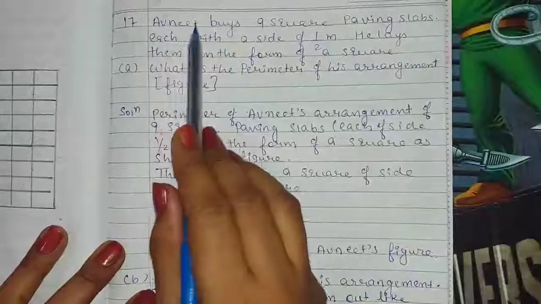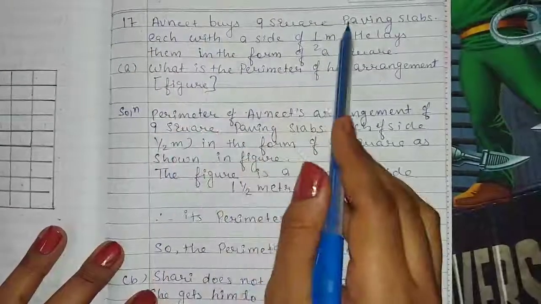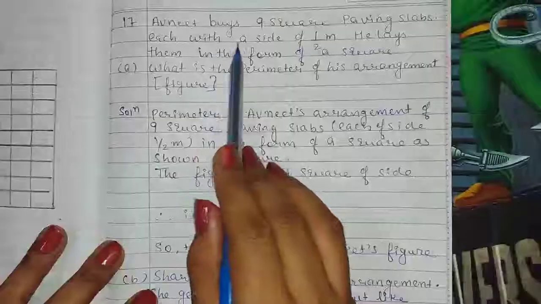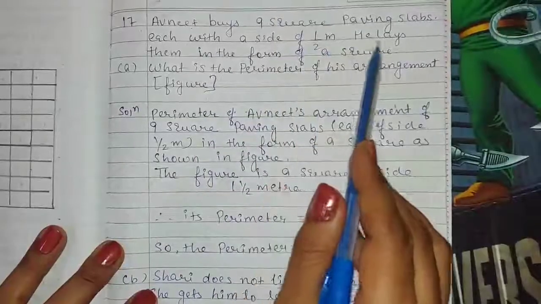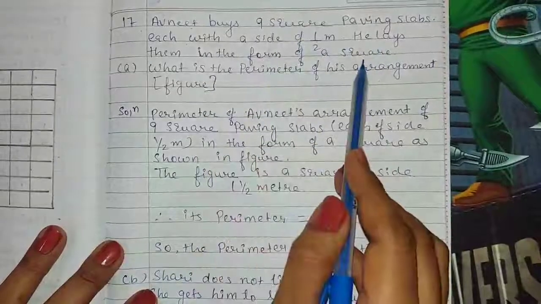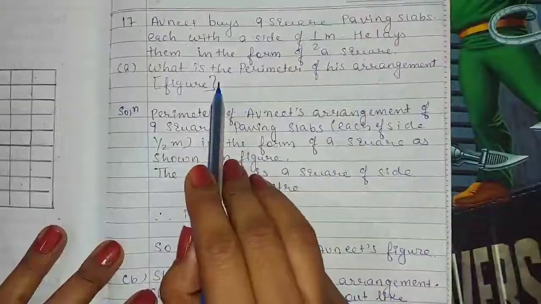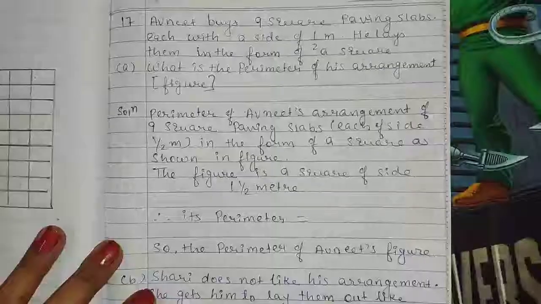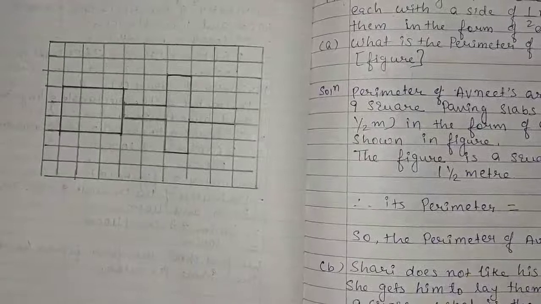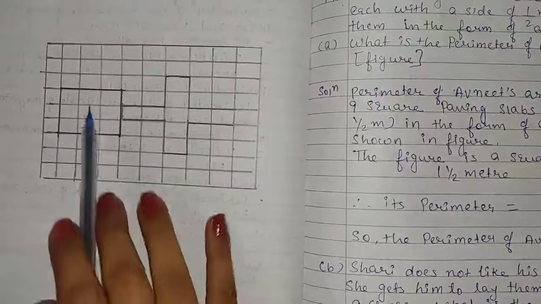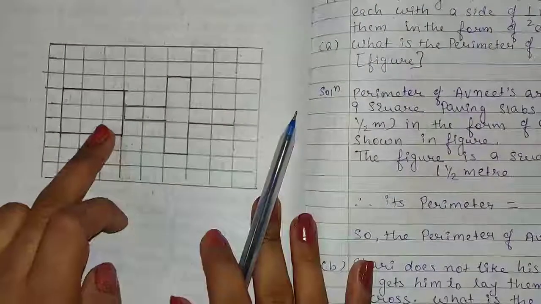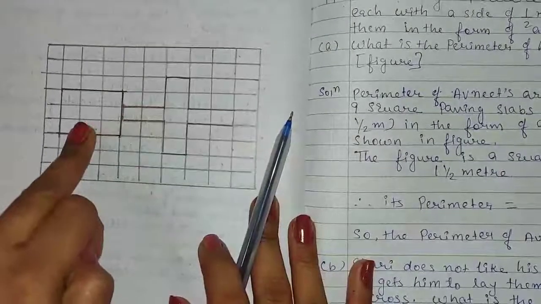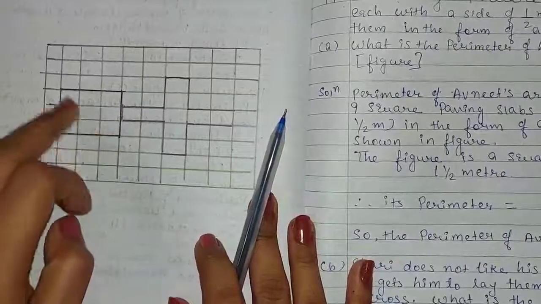Question number 17. Avneet buys 9 square paving slabs, each with a side of half meter. He lays them in the form of a square. Let us give answers for the following questions. Students, this is the shape of the square which Avneet has made with the paving slabs.